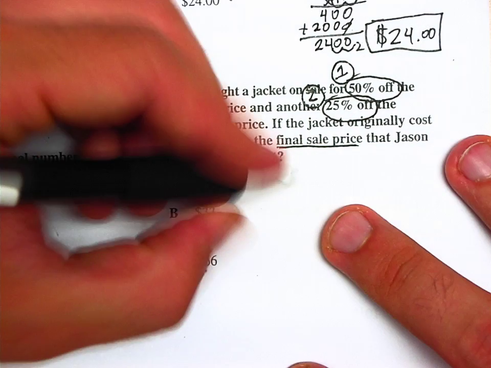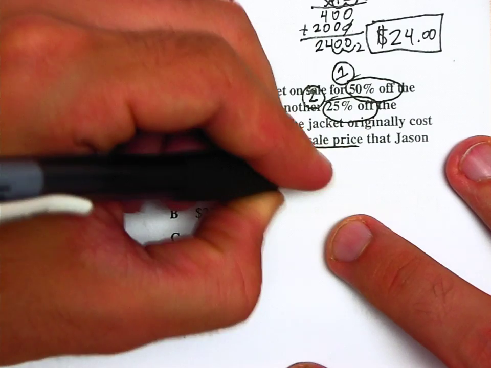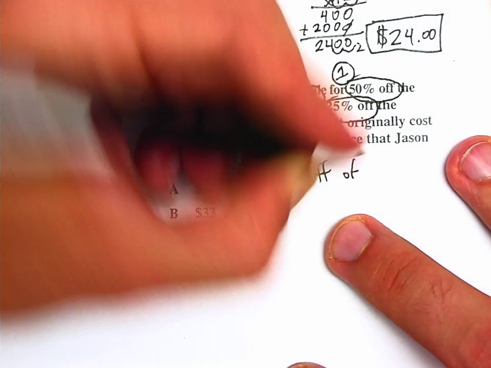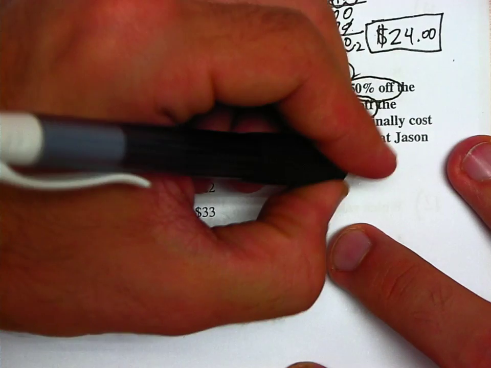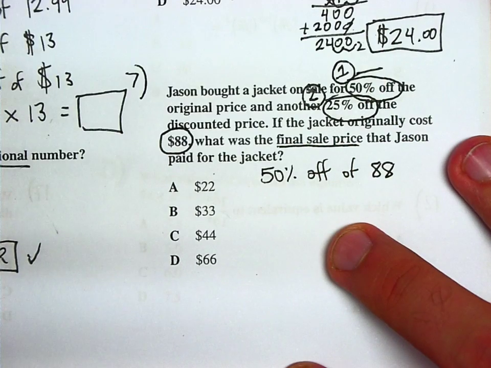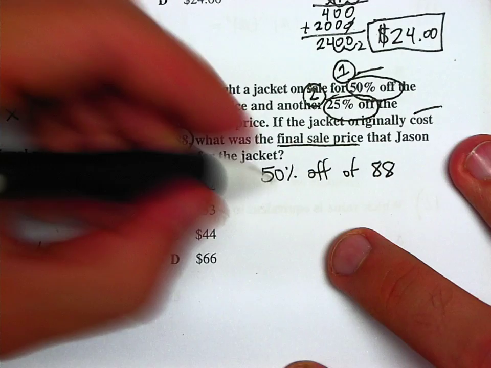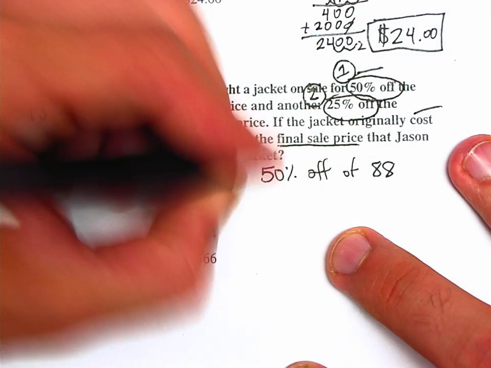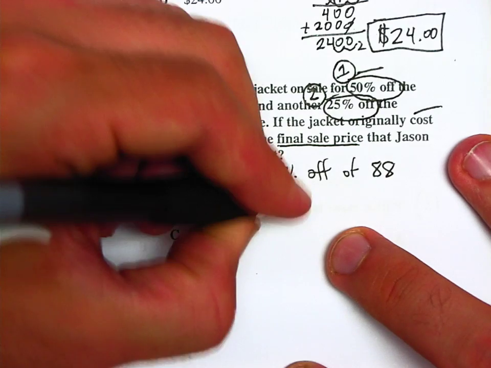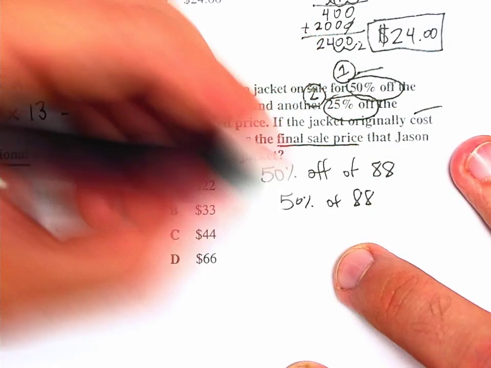So the first thing I want to do is figure out how much it will cost after I take 50% off of $88. That'll be step 1. And then I'll figure out the 25%, and that'll be my step 2. So 50% off of 88, first I need to figure out what's 50% of $88.